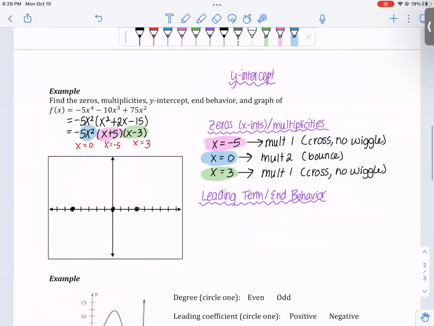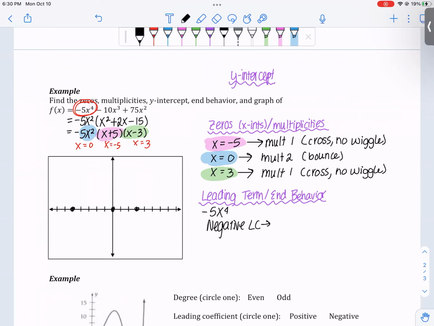The leading term is really nice when you have the polynomial in its long form, because there it is right out front. There's the leading term. I don't have to do much. Negative 5x to the 4th. That's a negative leading coefficient.